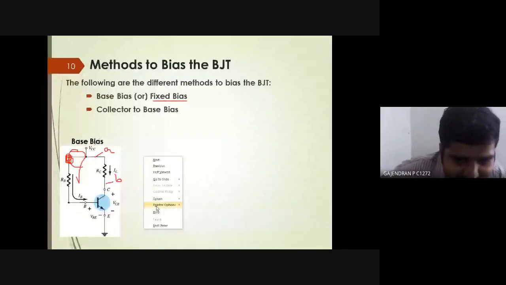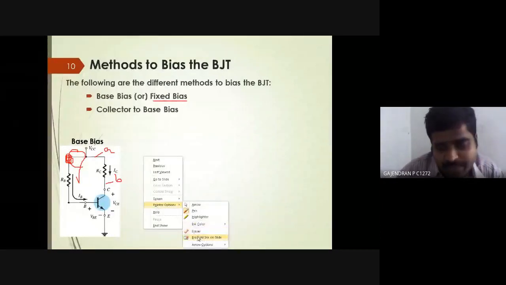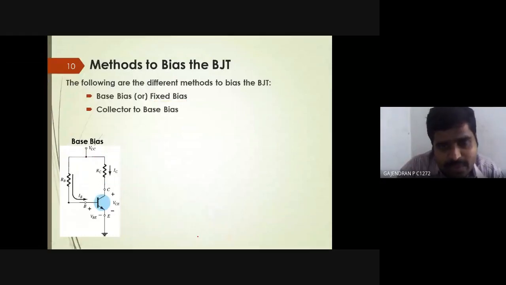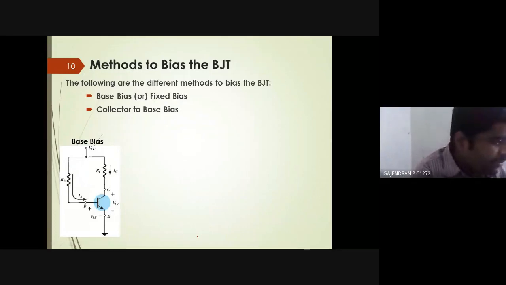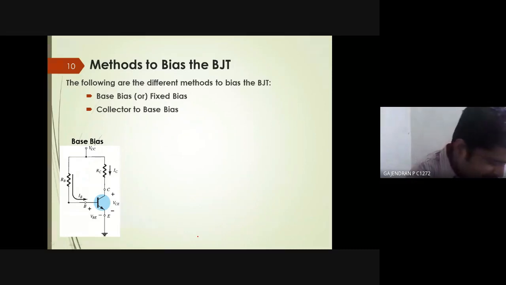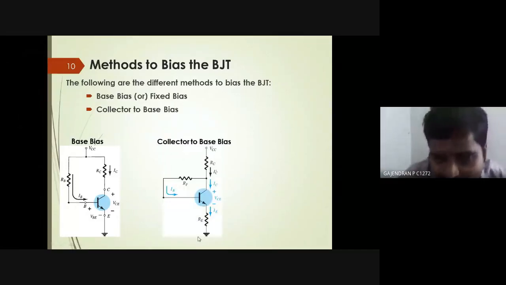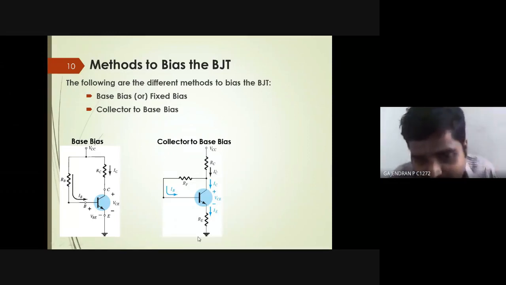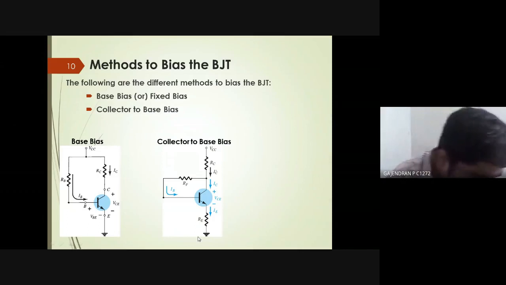Correct, it's the right answer. Terminal B. Who told that answer? Okay, we will see. As your friend told, collector to base bias.